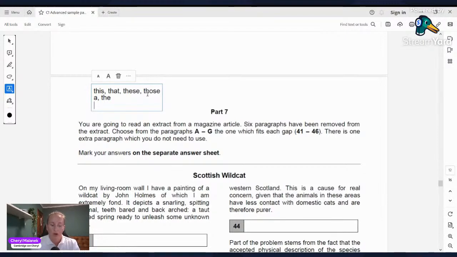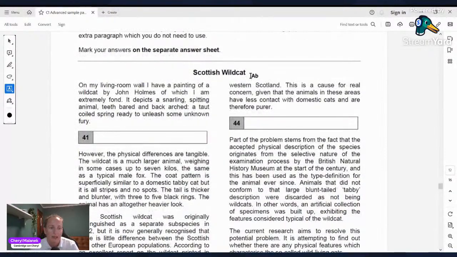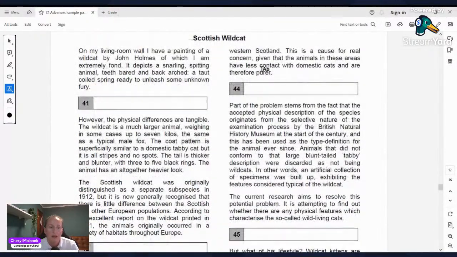I'm going to be looking for contrast words like however, although, despite, or in addition words. These kinds of words are giving us clues to what was in the paragraph before or what's coming in the paragraph afterwards.